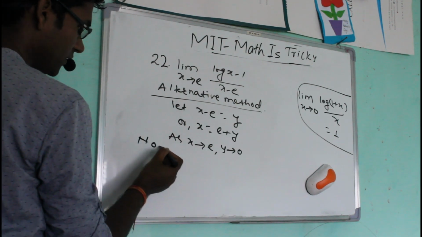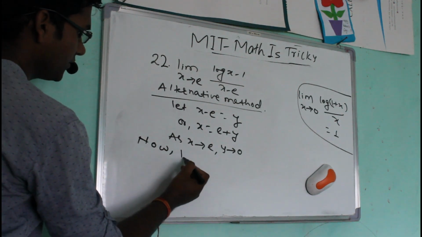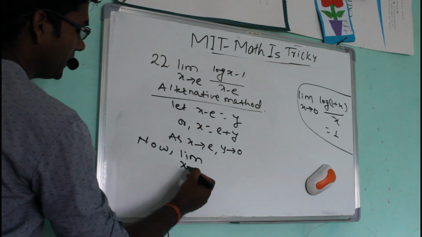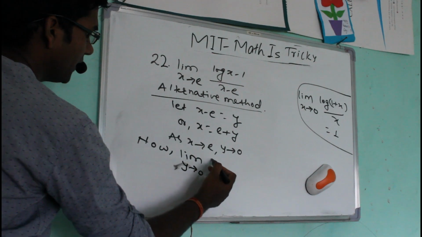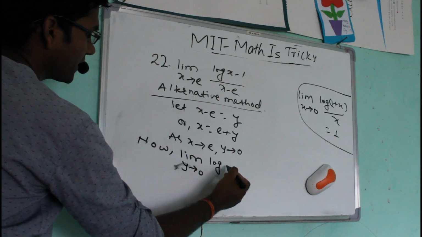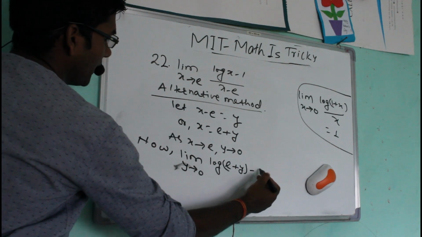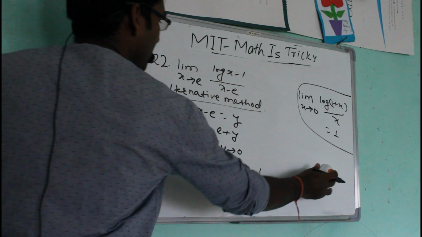Now what we'll get here, so look here, this question is going to be limit x tends to e, this means we can write y tends to 0, and log x means log(e plus y), minus 1, by y. So now let's simplify further to get the answer.